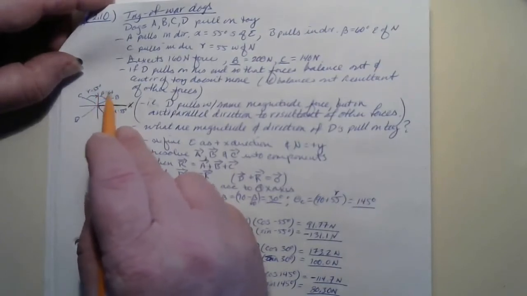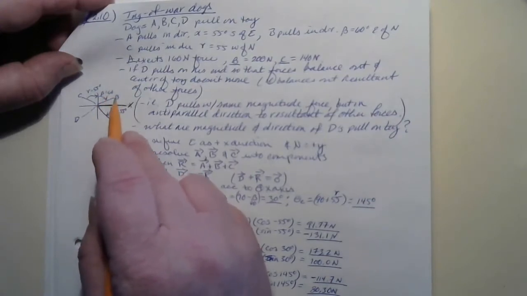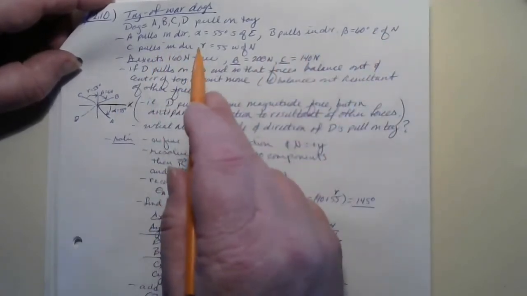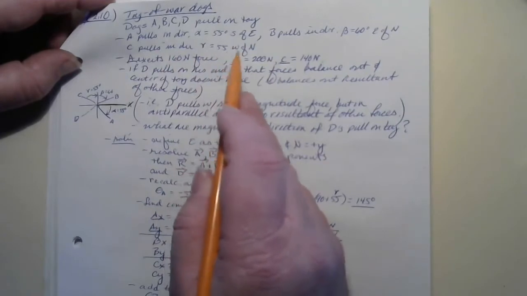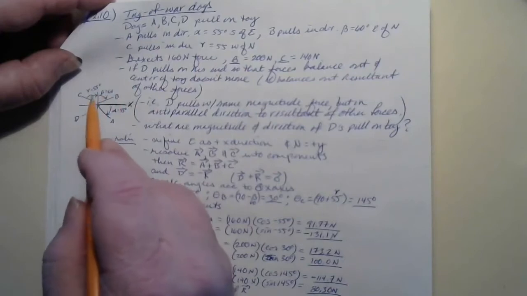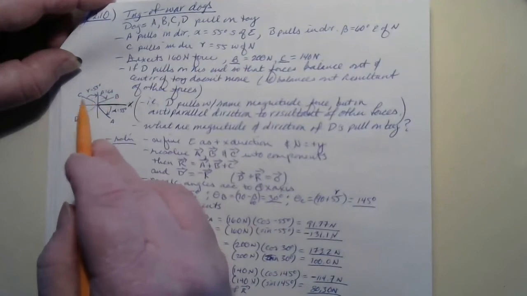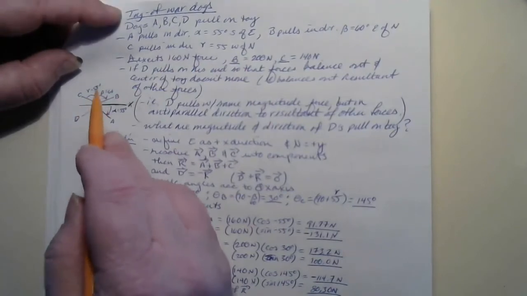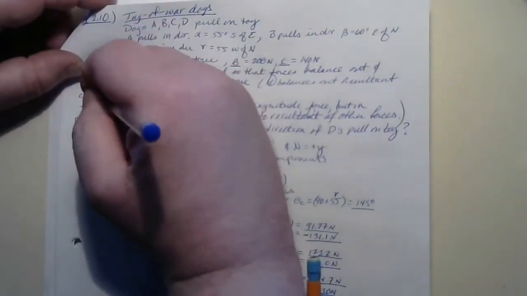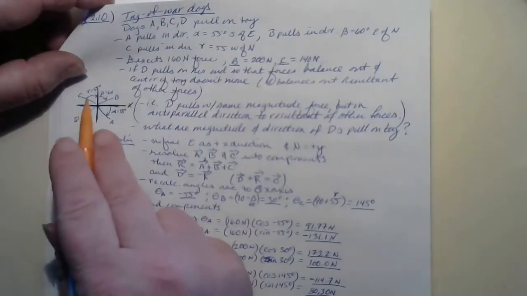And so that would be this angle right here, and this is dog B. And dog C pulls in the direction of angle gamma equals 55 degrees west of north. 55 degrees west of north means in the second quadrant, basically to the left of the y-axis. Okay, so these are the axes, and then here's dog C.